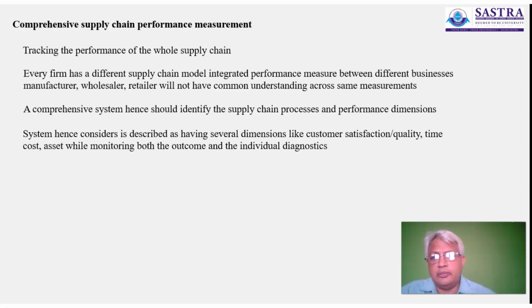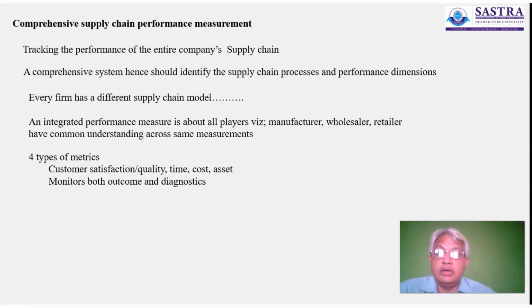So with this, we finish both the competitive and the different ways companies can achieve better results by incorporating both internal and external performance measures. Now we'll be looking into another class of measurement, which is comprehensive supply chain performance measurement.